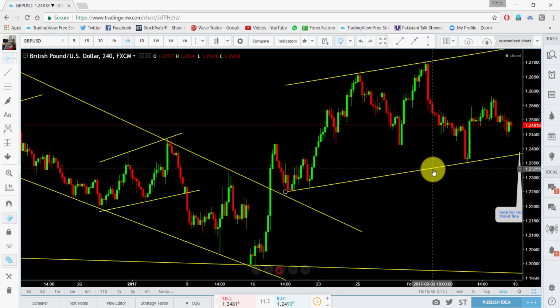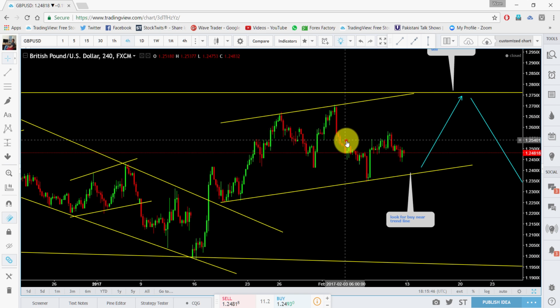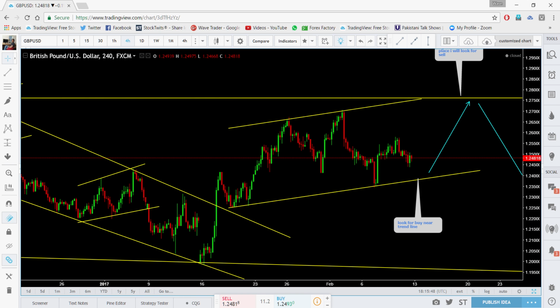For short term, last week we were anticipating this move, and this move is on its way. But the place to look for buy is this. Look for buy when price hits this trend line, and then watch price action to the upside.